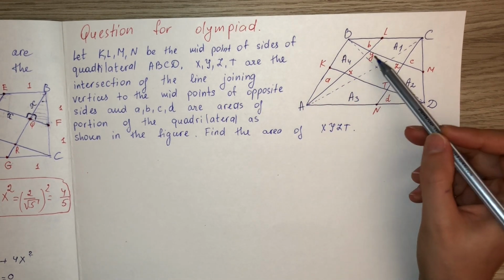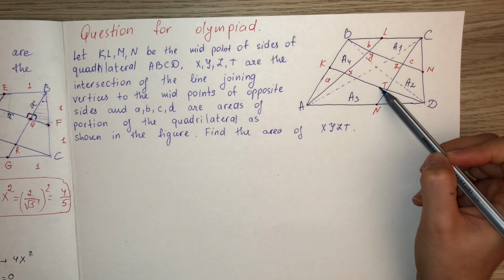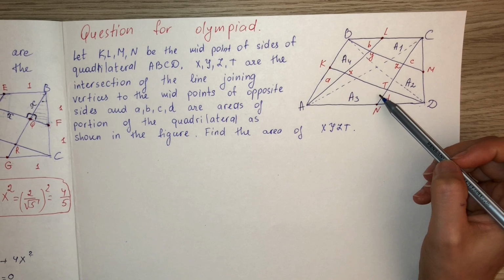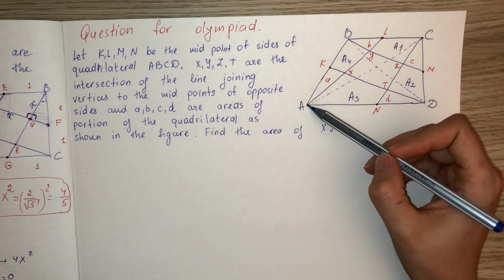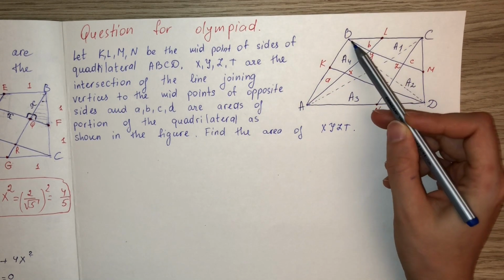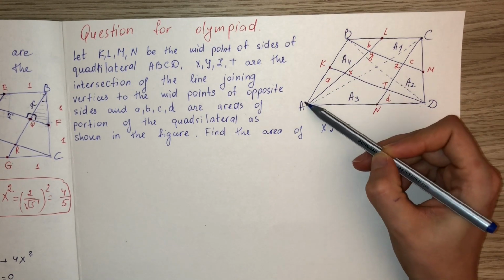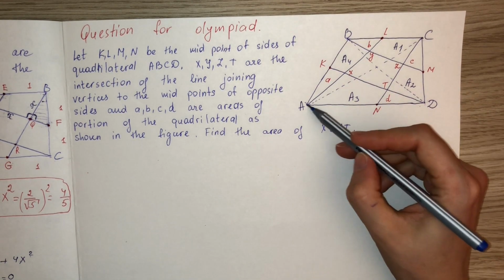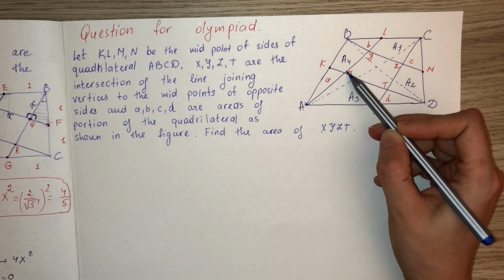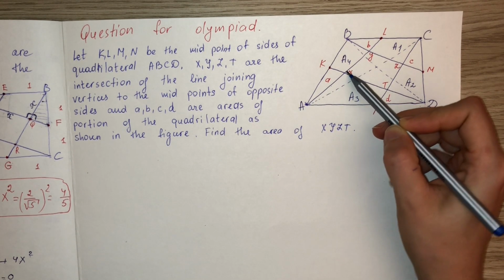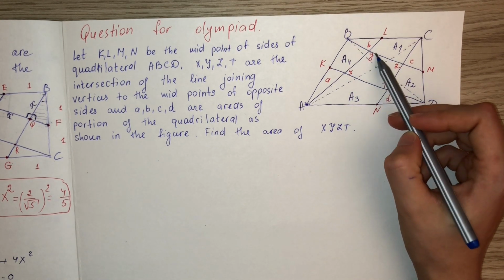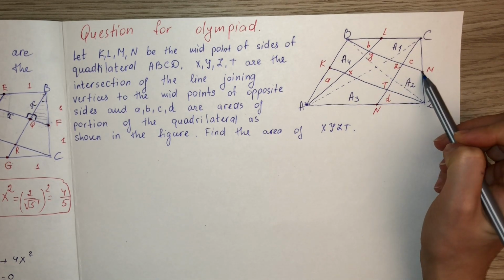Here are X, Y, Z, and T, and these points are the intersections of the lines joining vertices to the midpoints of opposite sides. Join this vertex to the midpoint of the opposite side, and join this vertex with the midpoint of the opposite side.